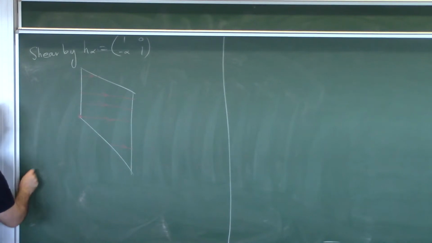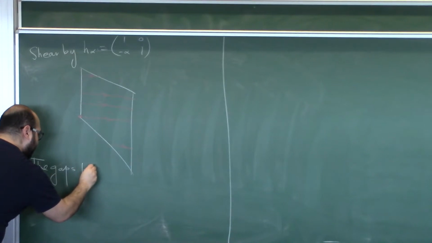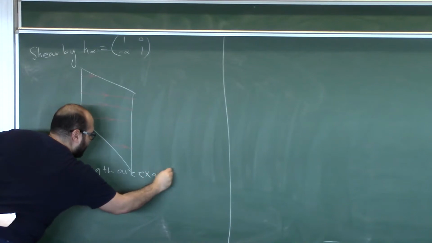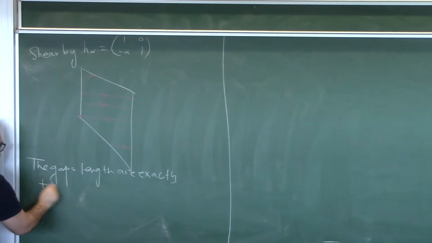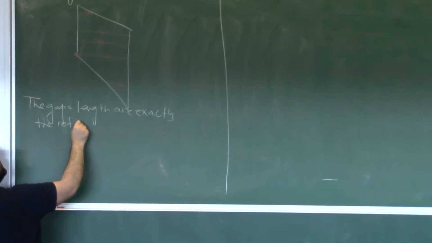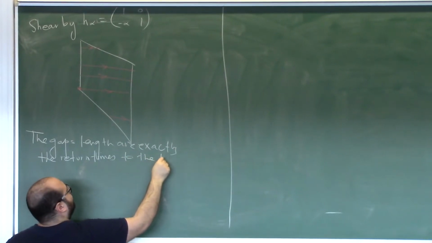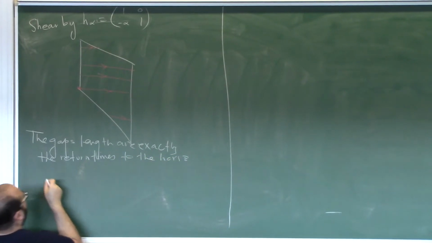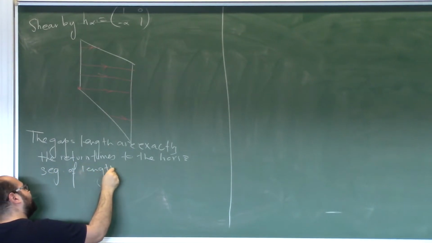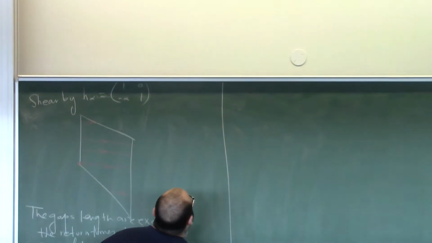And we get that the gap lengths are exactly the return times to a segment of length n, and this is the part where we go back to the 60s.